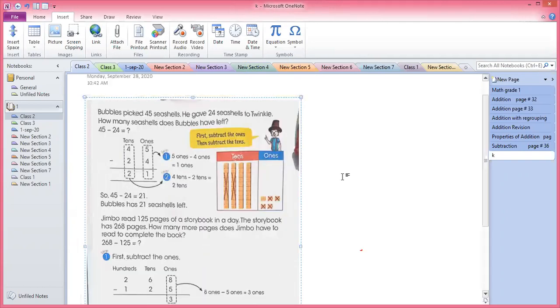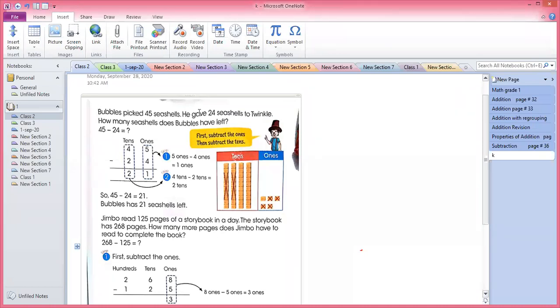Here, Bubble has picked 45 seashells and he gave 24 seashells to Twinkle. How many seashells does Bubble have left? So Bubble was having 45 and he gave 24 to Twinkle. If you want to find out how many seashells Bubble has left, you need to minus 24 from 45.